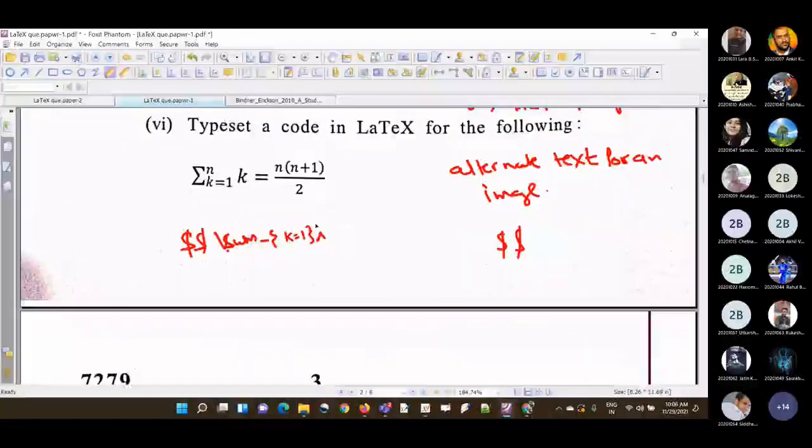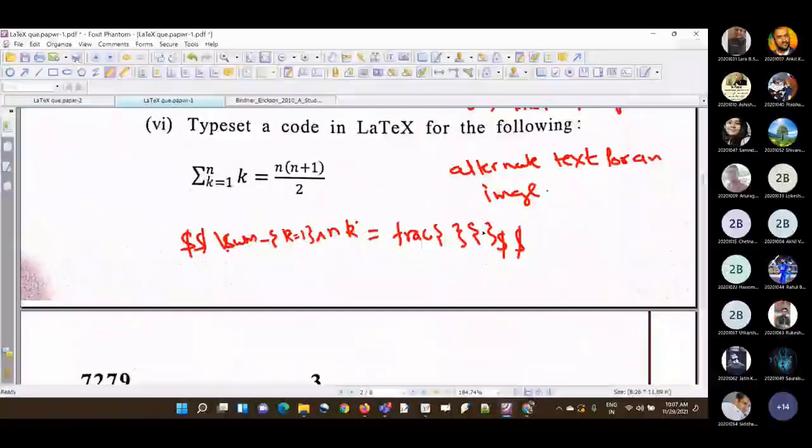Here also a small k is there, then equals, you write frac, here 2, and here n plus 1. So this is the code for that particular expression.